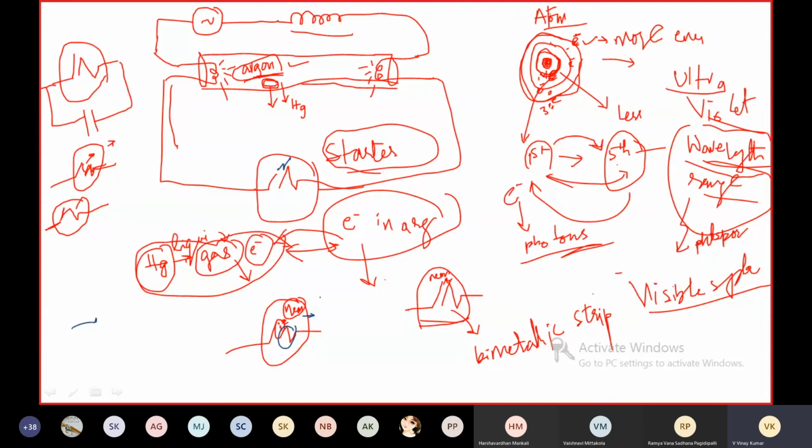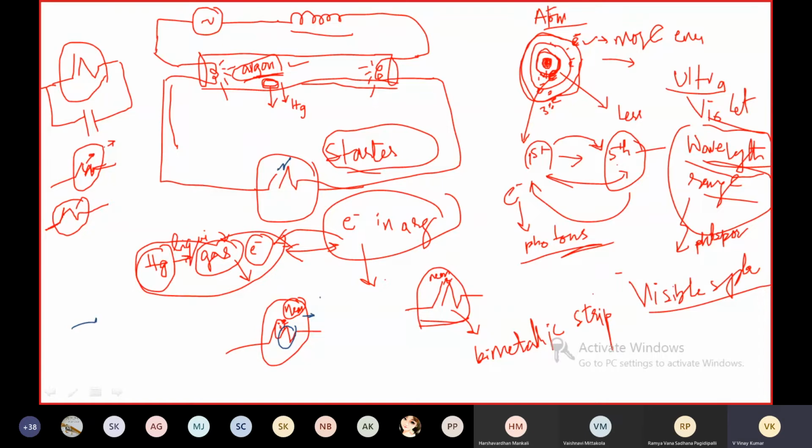When it is making contact with the other electrode, it turns off the starter light, which turns off the neon gas lamp light.